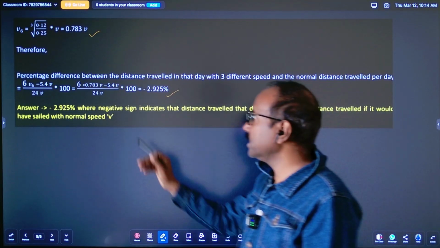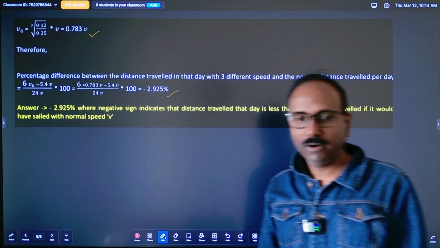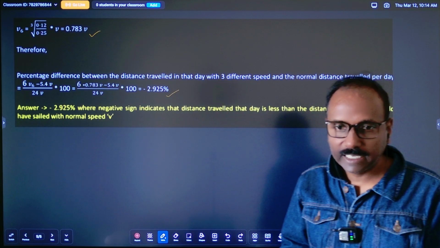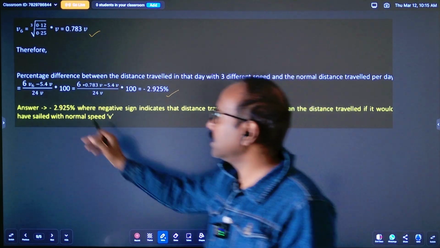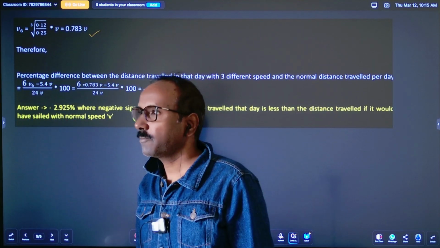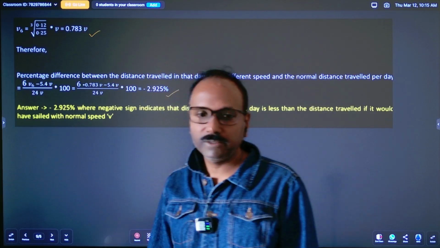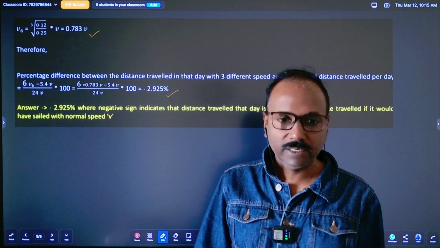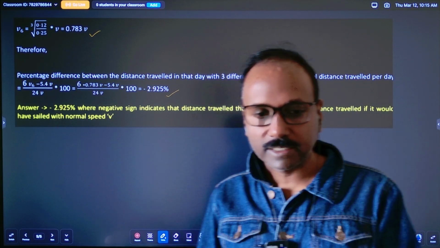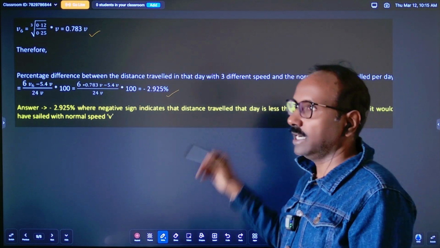If you were using normal distance first, deducting the distance traveled from the normal distance, meaning d minus dt, then your answer would have come as positive. So there also you write: the positive sign indicates that the distance traveled on a normal day is more than the distance traveled on that day.